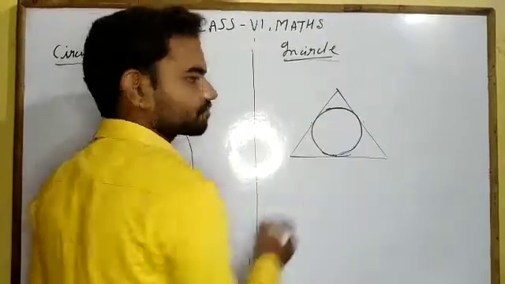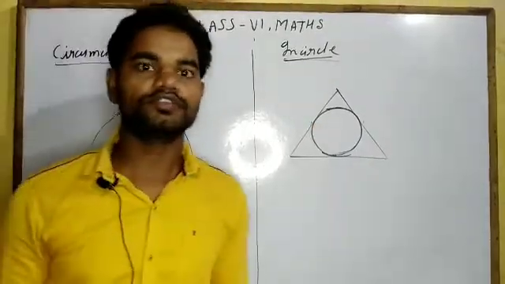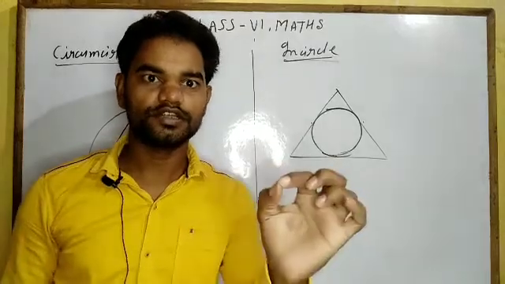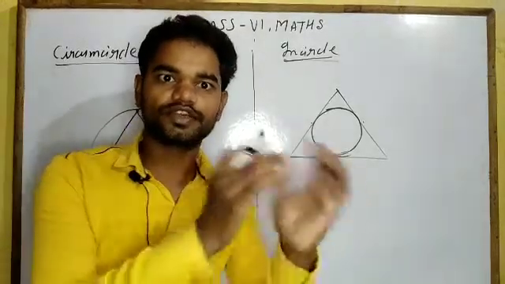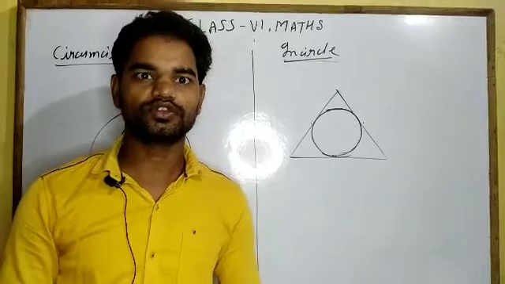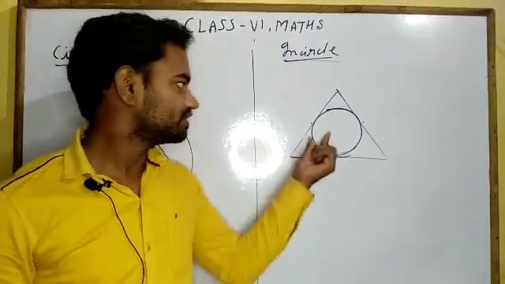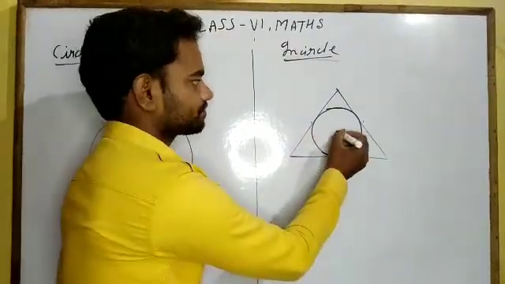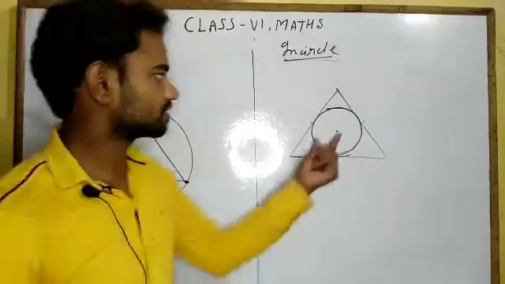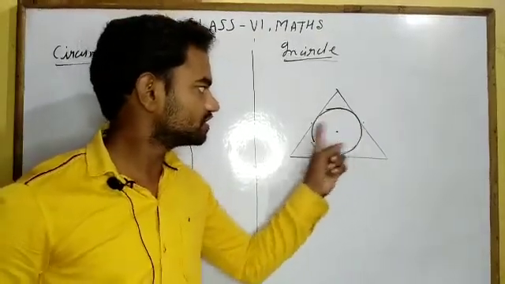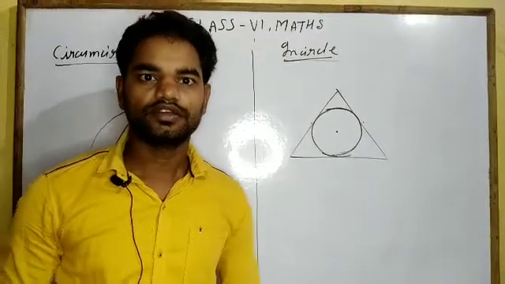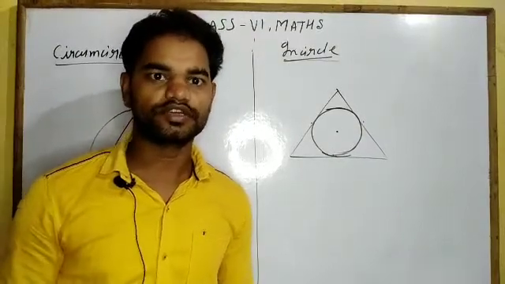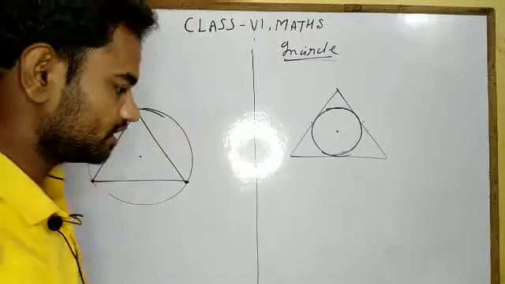So the definition of circumcircle: the circle which passes through all the three vertices of the triangle is known as the circumcircle, and the circle which touches all the three sides of the triangle is called the incircle. These are the definitions of circumcircle and incircle.